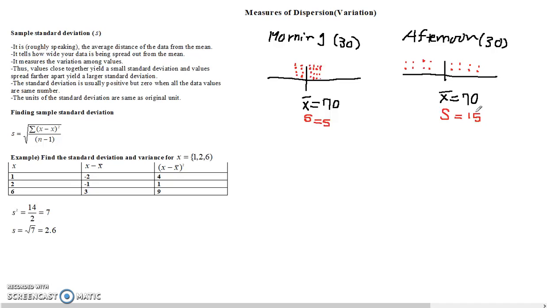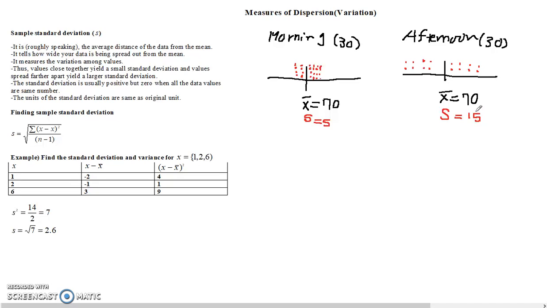When we're talking about variation, we have to understand that a small standard deviation means that the scores of your data are much closer together, and a larger standard deviation means that they are spread out from one another. Now, why is this so important?